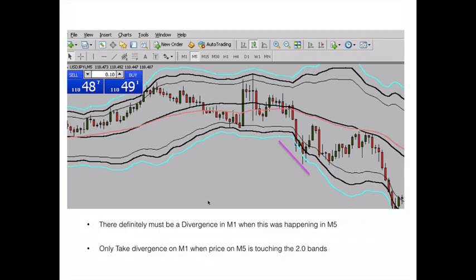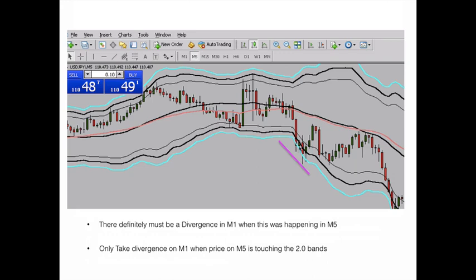Now as you can see, there definitely must be a divergence on the M1 chart when this is happening on the 5 minute. As you can see, the candle came down, went back above, came down, but this is M5. While this is happening, the M1 chart must be really nice, because there must be a divergence.